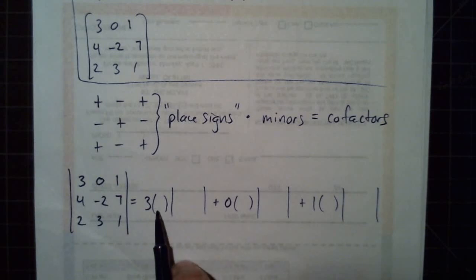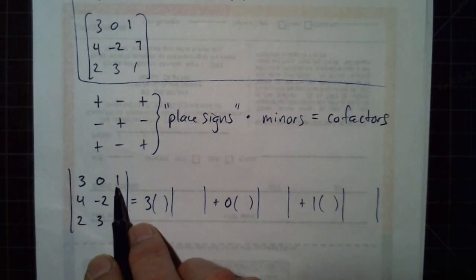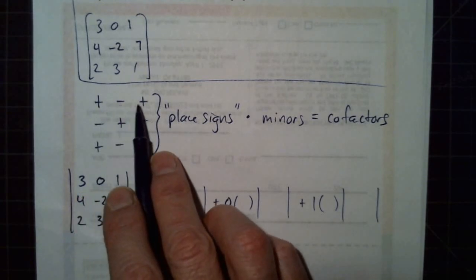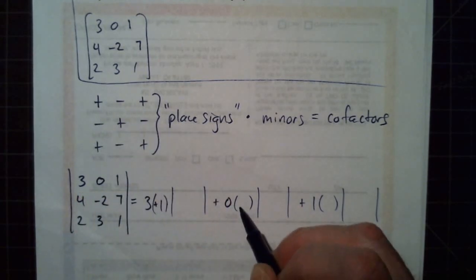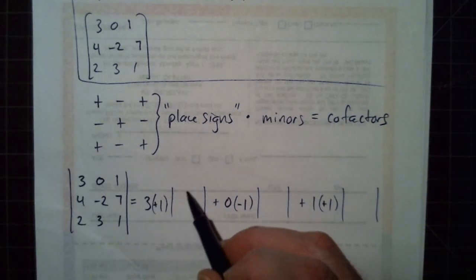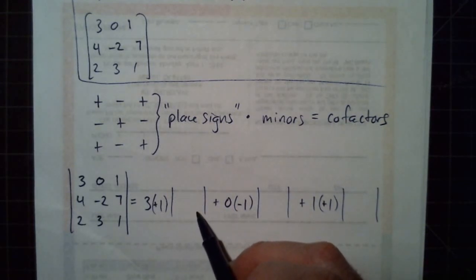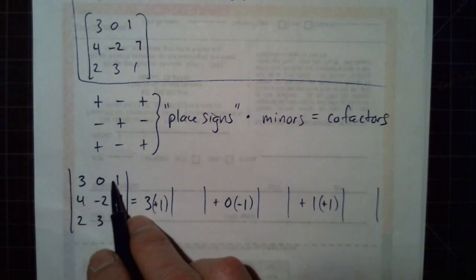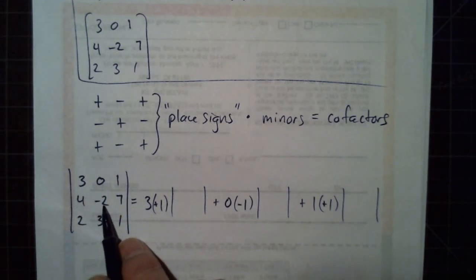Alright, and this will be the place sign. So if we're doing 3, 0, 1, we look at positive, negative, positive. And then we're going to find the determinant of what's left after we take out this row and this column. Negative 2, 7, 3, 1.